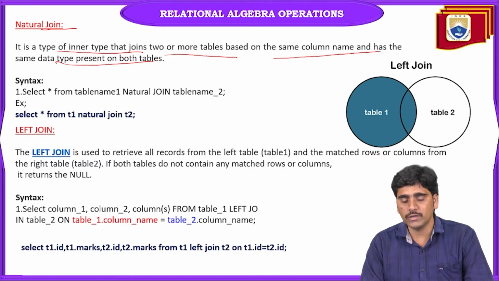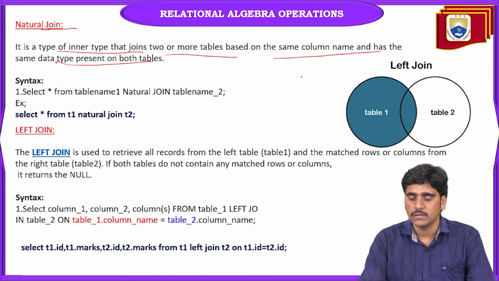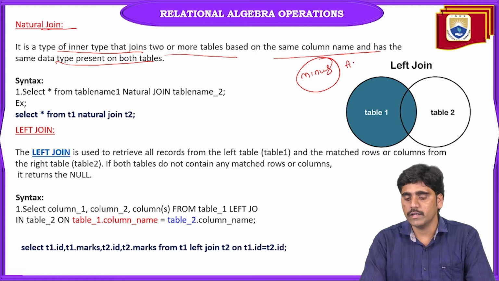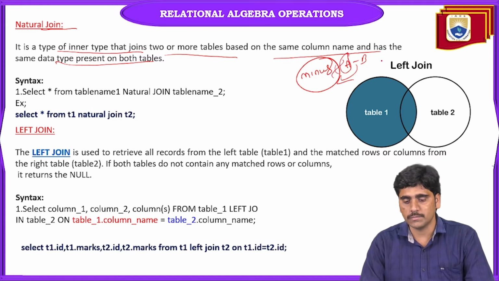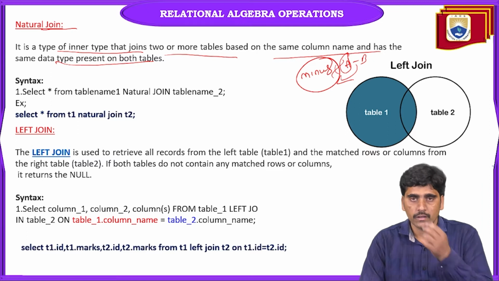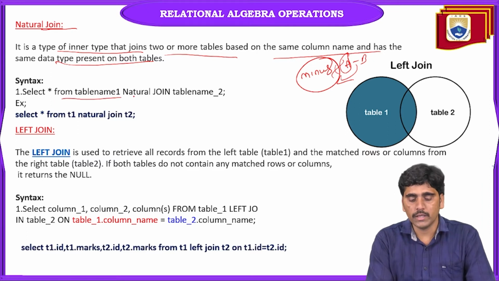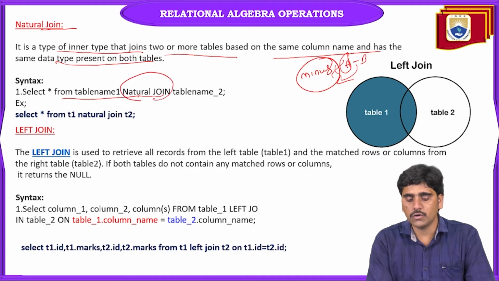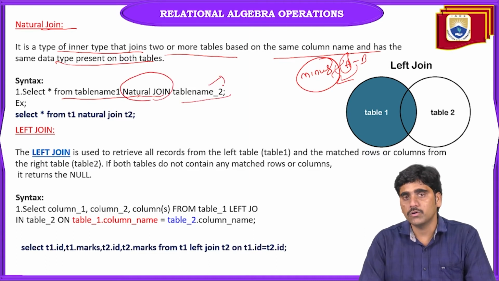It looks like the A minus B operation from set operations, which displays the common values as well as the left table values. The same way: select star from table name 1, natural join, which is the type of join, and table name 2.